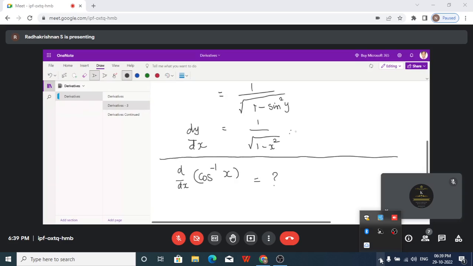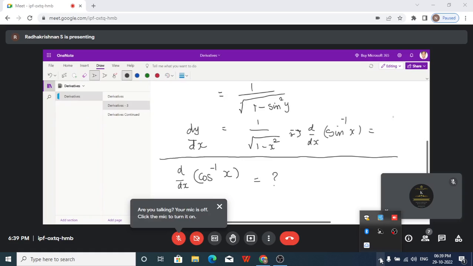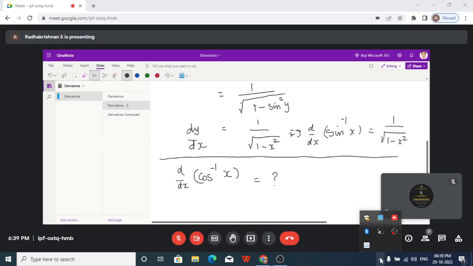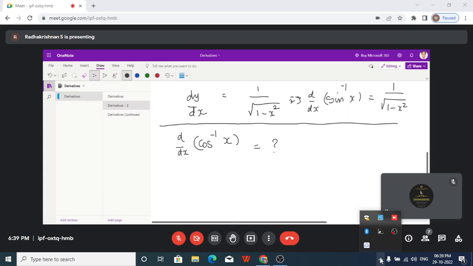So similarly, what is it for cos inverse x?